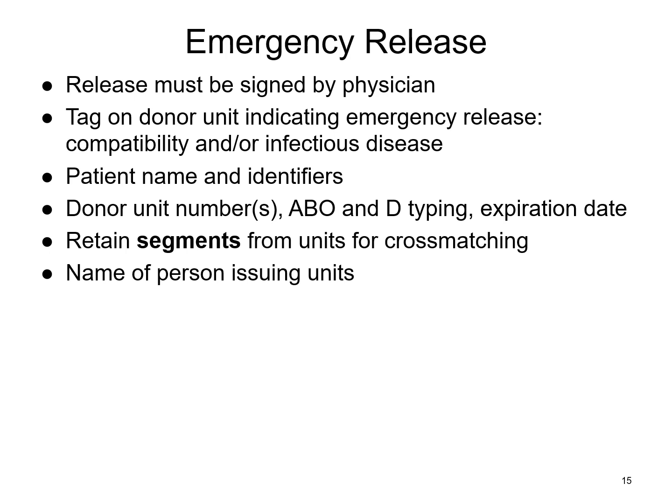So they will sign that paper to say that they feel that the patient's life is in jeopardy without receiving this product. Now, the unit that they are requesting that emergency issue on just means that the compatibility testing or some sort of testing, like infectious disease testing, has not been performed, and so the physician's willing to take that risk.